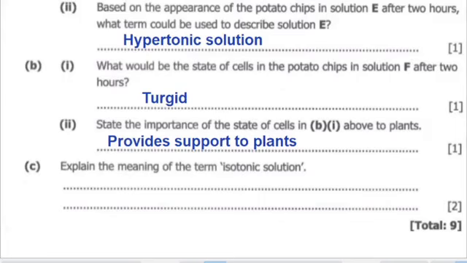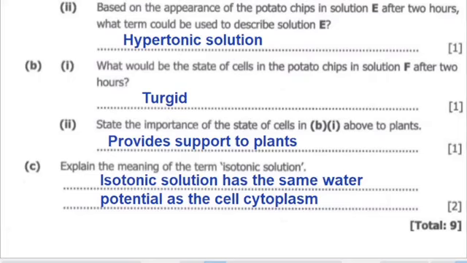So we can say that isotonic solution is the solution that has the same water potential as the cell, inside the what? As the cytoplasm inside the cell. That is what isotonic solution is. So we have said isotonic solution has the same water potential as the cell cytoplasm.